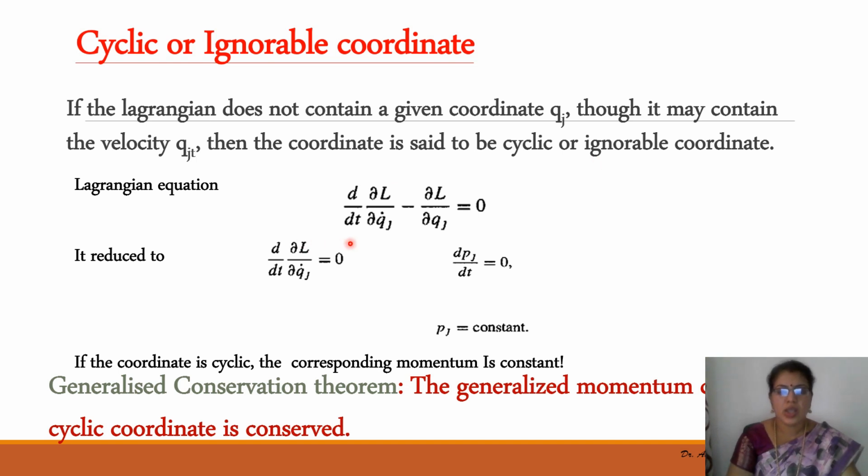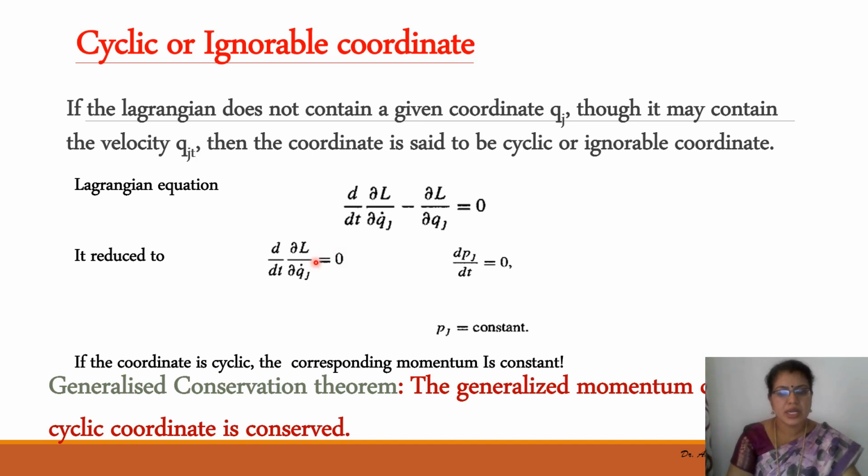So taking the Euler-Lagrange equation, d by dt of dou L by dou q dot j minus dou L by dou qj equal to 0. Dou L by dou qj is going to be 0 because there won't be any dependence of the Lagrangian on this particular cyclic coordinate. So in that case, what will we have? D by dt of dou L by dou q dot j alone will be there.